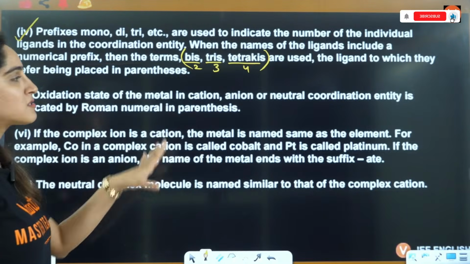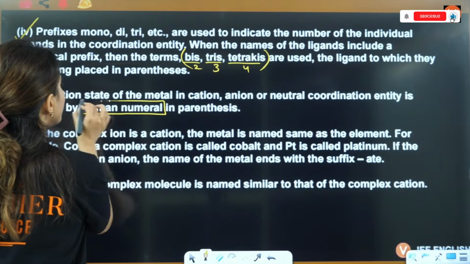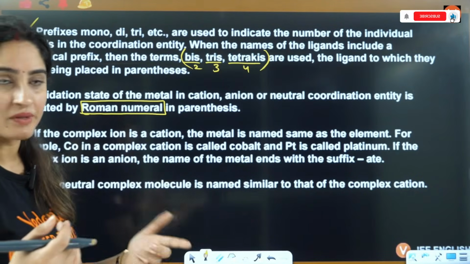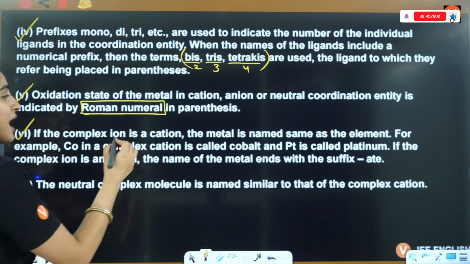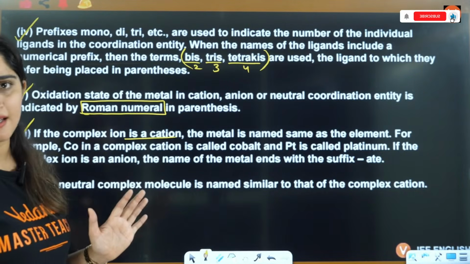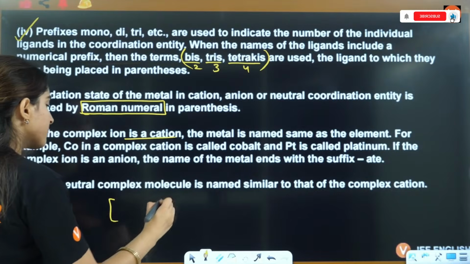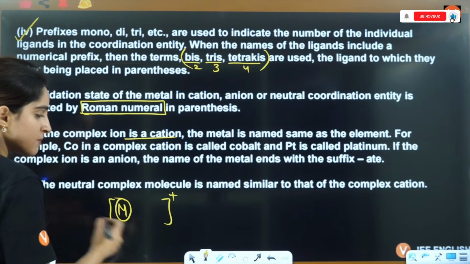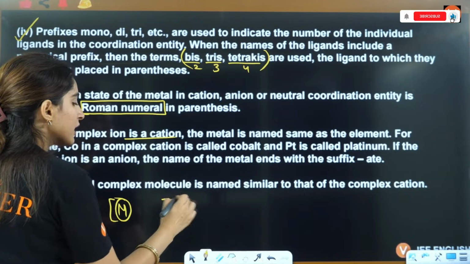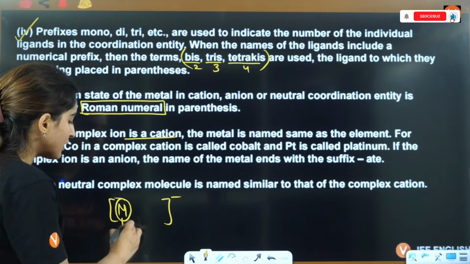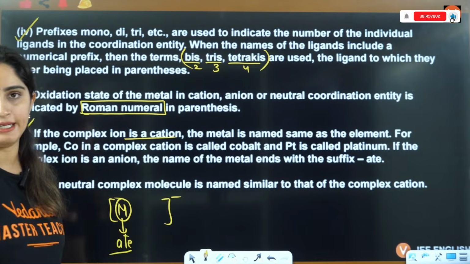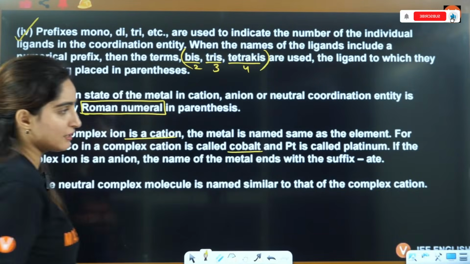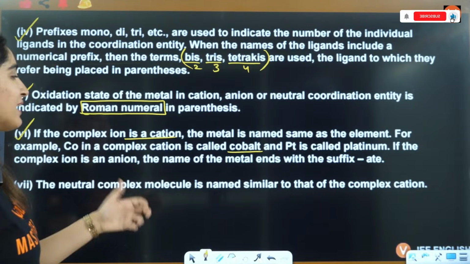Next, the oxidation state is written in Roman numerals next to the central metal atom. Then if the complex ion is a cation, the metal name stays as it is. But if it is an anion, then the metal name ends with -ate. So cobalt will be called cobaltate, platinum will be called platinate.